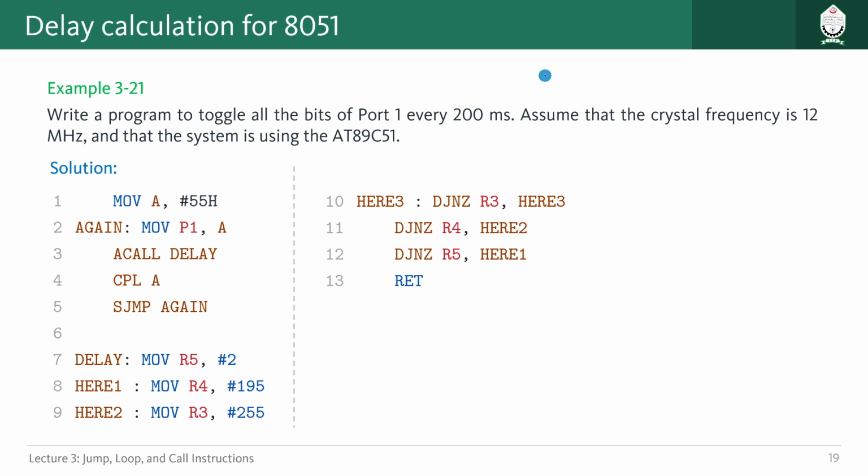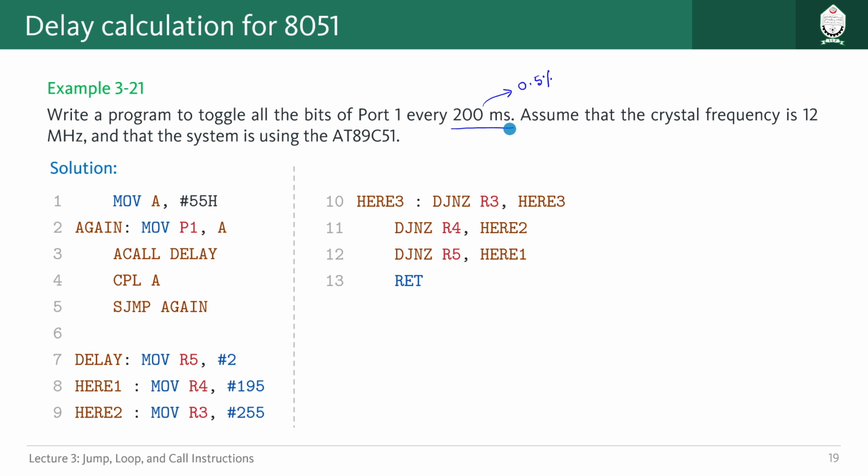So the error that can be tolerated for these cases can be something like 0.5%, okay? So it should be almost accurate to this one, okay? But exactly 200 millisecond delay, to create that, it may not be possible.